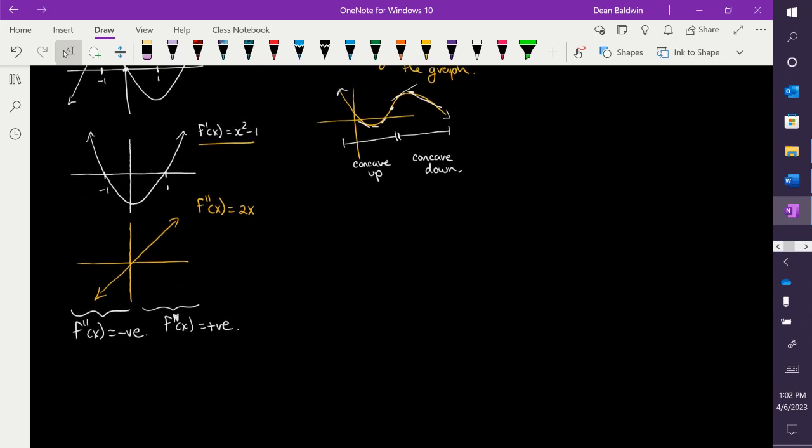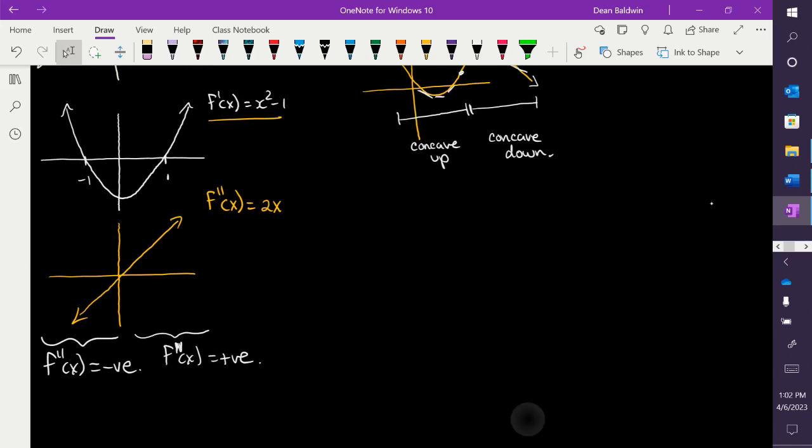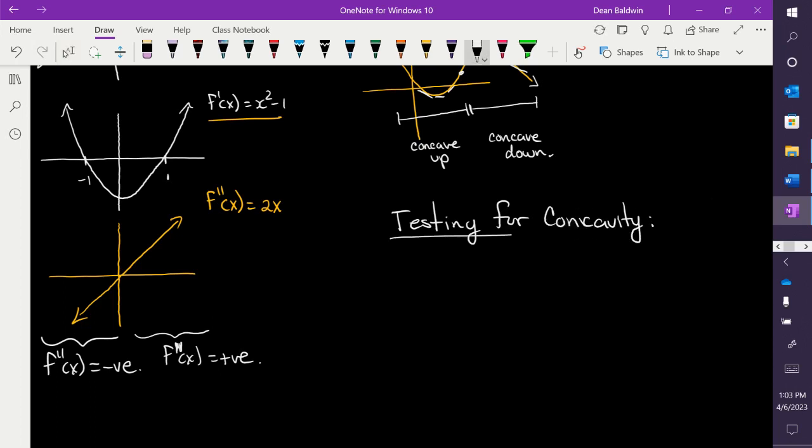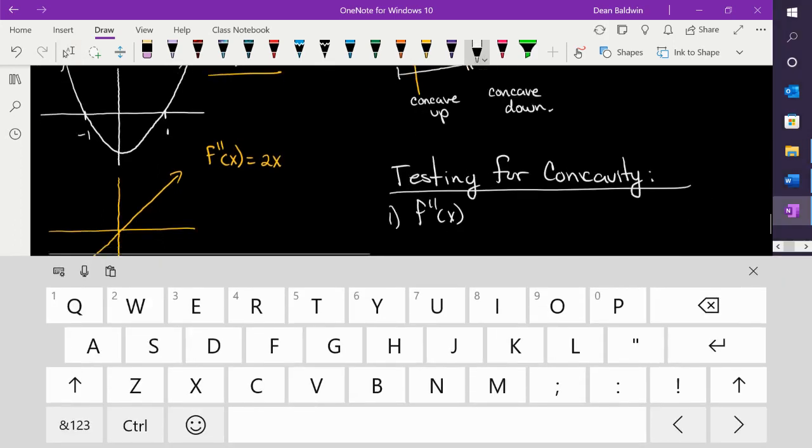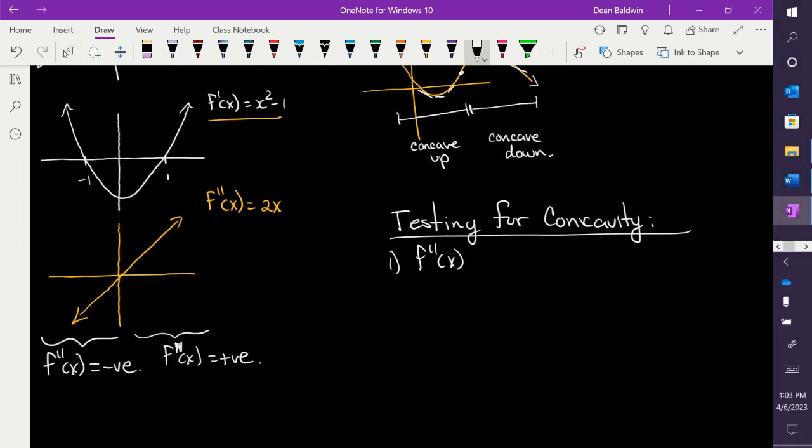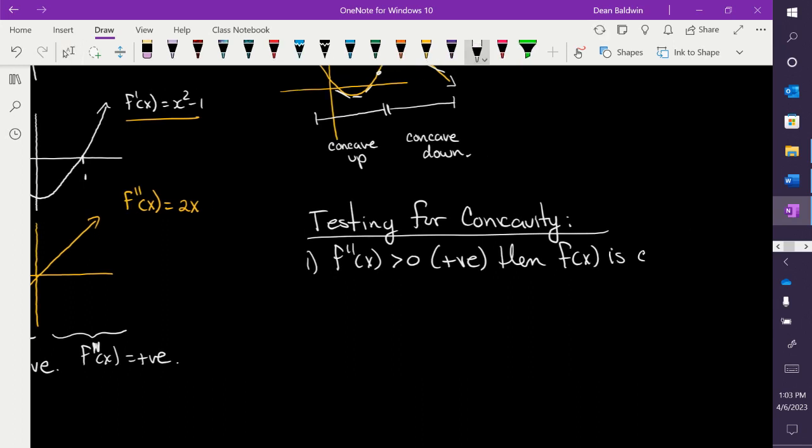So we can say, testing for concavity. If the second derivative is bigger than 0, in other words, it's positive, then f of x is concave up.